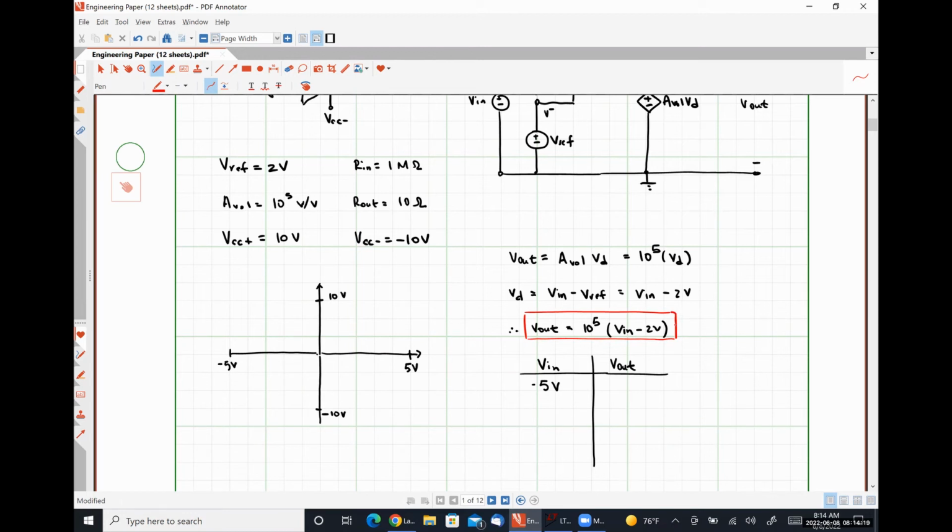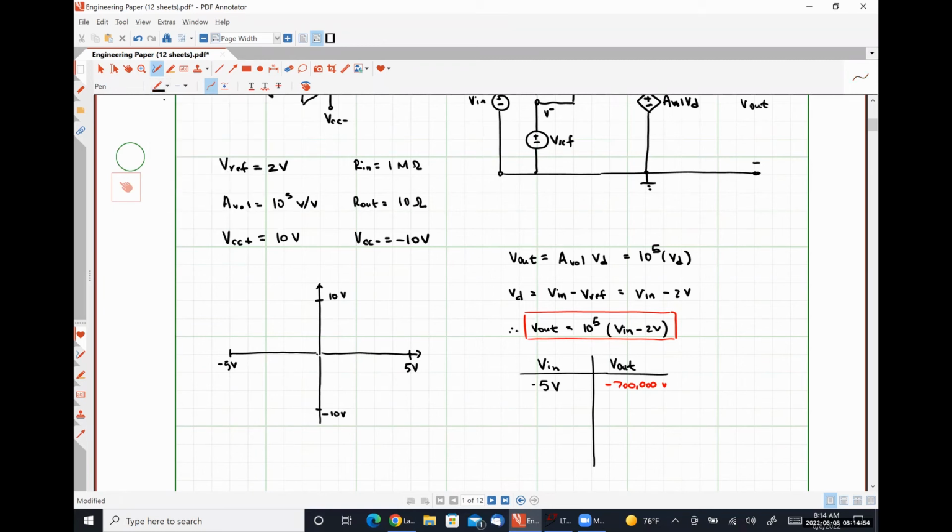If we had an input voltage of negative 5 volts, our output voltage would be 10 to the 5, so 100,000 times Vn minus 2 volts, where Vn minus 2 volts is minus 5 minus 2, so minus 7. So we have 100,000 multiplied by minus 7, which is negative 700,000 volts.